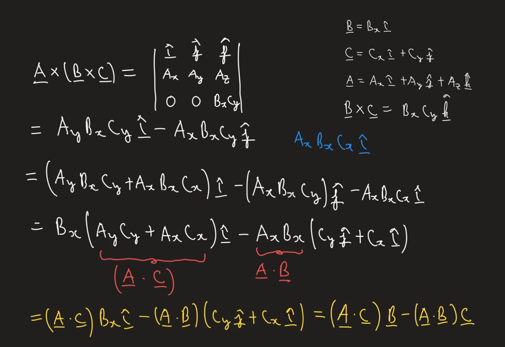And this is the expression for the vector triple product. And what we need to note is that this expression is a lot simpler than when we had to do cross products, because dot products are a lot easier to compute relative to cross products.